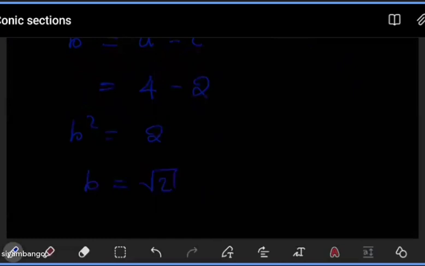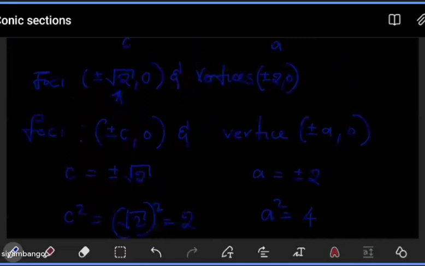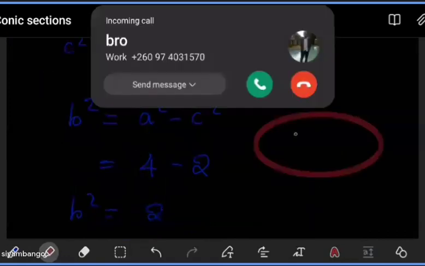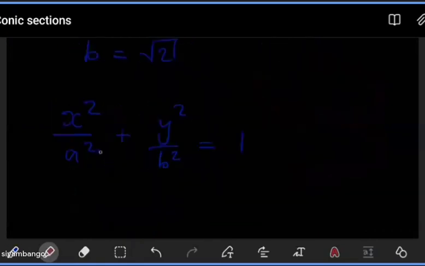Once we have this, we can now come up with a general formula: x squared over a squared plus y squared over b squared is equal to 1. All you want to look out for is that, since we concluded by observing the position of these values that the major axis is on the x-axis, x will have the bigger value.